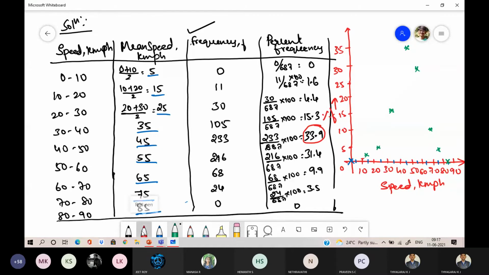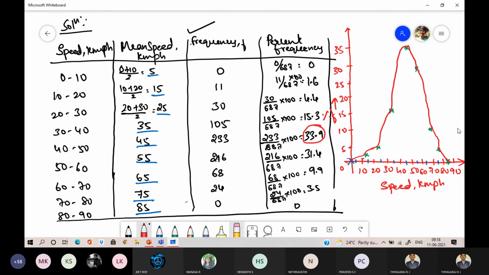So now what you are going to do is join all the points by freehand. Likewise, join all the points by freehand. Are you getting the problem or not? Are you understanding? Yes, sir. Okay. Kindly plot it.